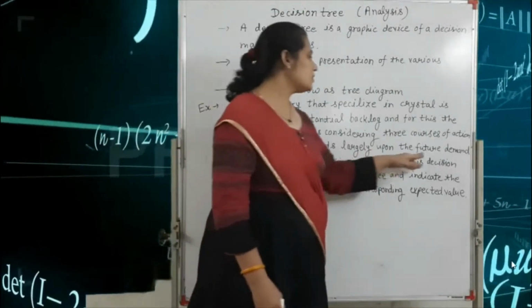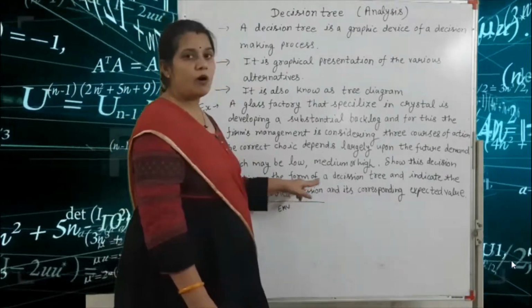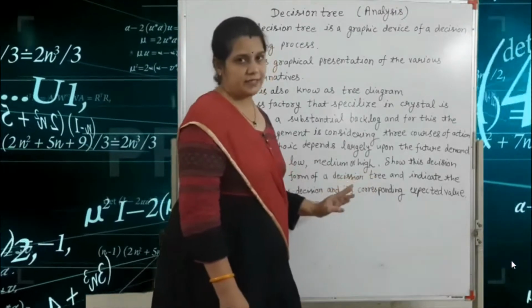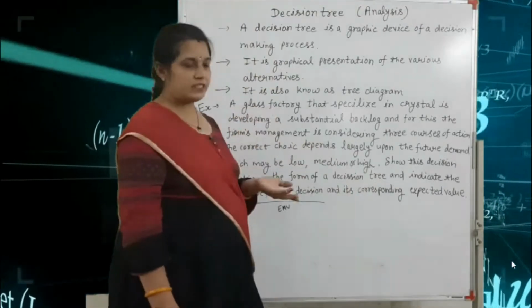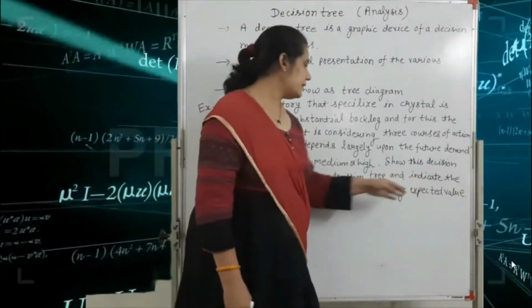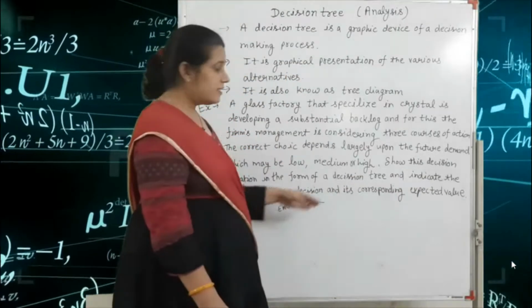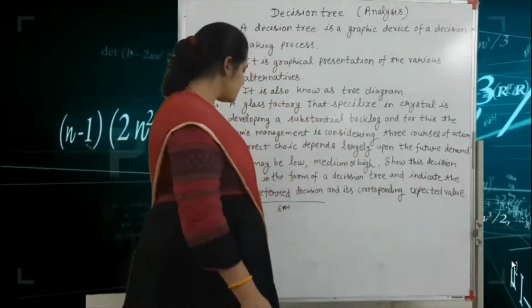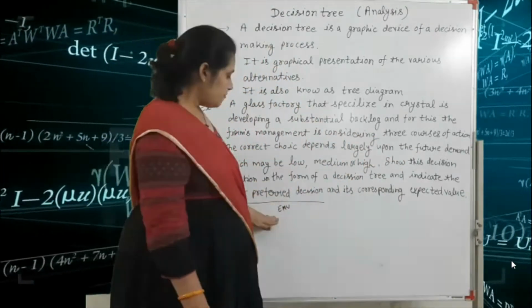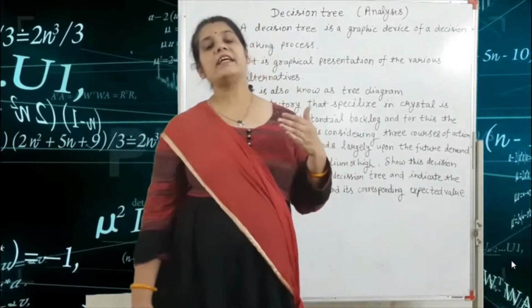Show this decision situation in the form of a decision tree, and indicate the most preferred decision and its corresponding expected value. For the most preferred decision, we find the EMV, the expected monetary value.